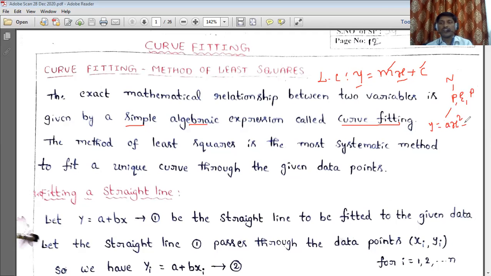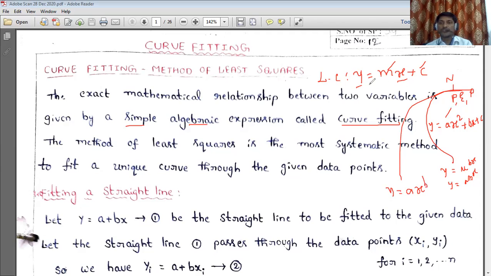The exponential curve is y is equal to a e power bx, and another one is y is equal to a b power x. The power curve is y is equal to a x power b.